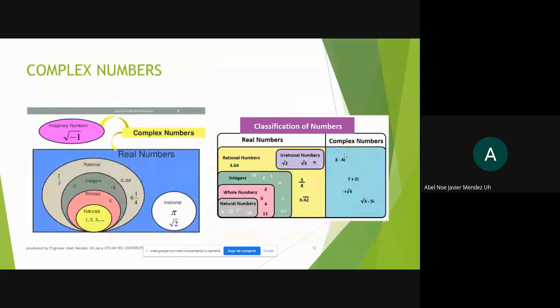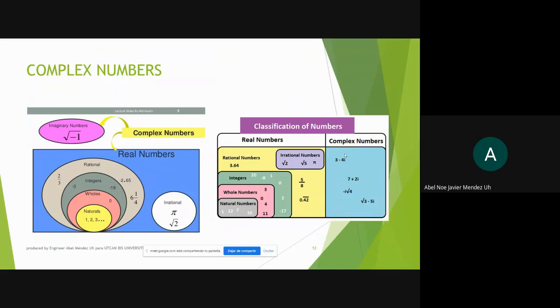But here, not ending, we have another classification of numbers, okay? We have complex numbers. Complex numbers are not included in the real numbers, but they are formed with a real number and an imaginary number, okay?